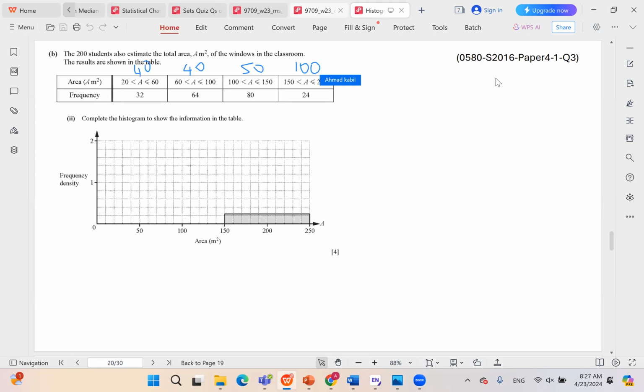And then we realize that the frequency is the value of A. So to get the height, we divide A by W, area over width. So 32 over 40 will be 0.8. 64 over 40 will be 1.6. 80 over 50 will be 1.6 as well. 24 over 100 would be 0.24.